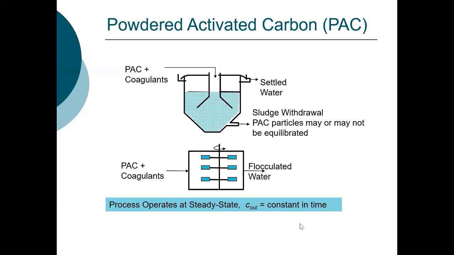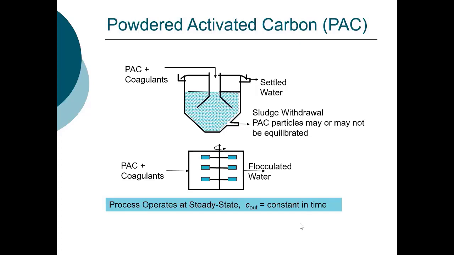So for that reason, powdered activated carbon may be added within the existing system to absorb some of that organic matter, the naturally occurring organic matter, to reduce the amount of trihalomethanes and haloacetic acids that are formed during disinfection. And we can think of that as being done, for example, in a system where you're adding coagulants.